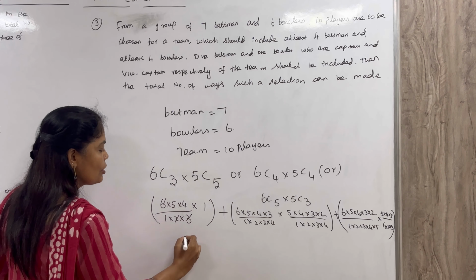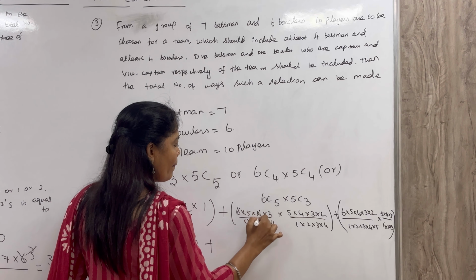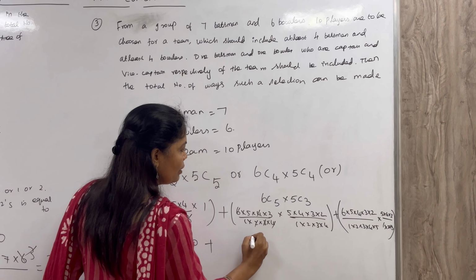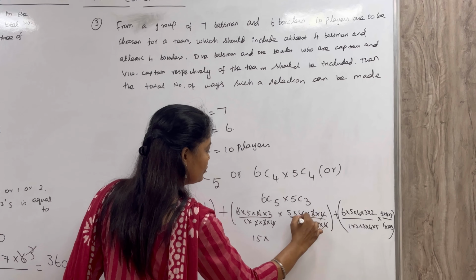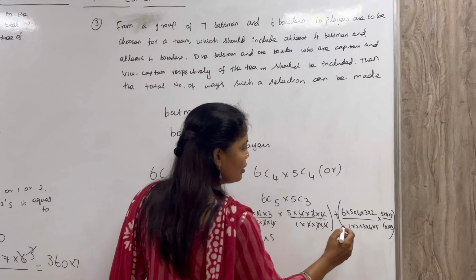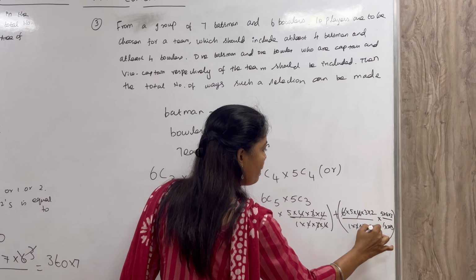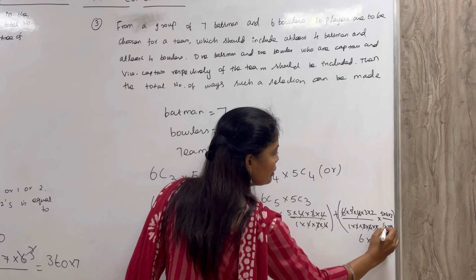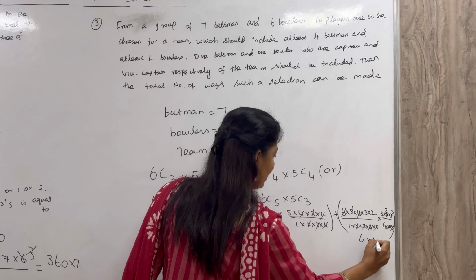Okay, this is 20. This will be 15. 15 into 5, 75. The third value is 6 into 10, 60.